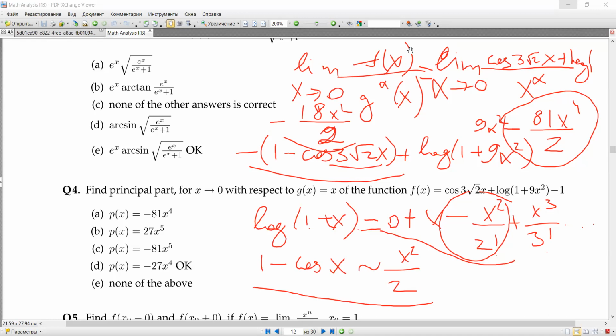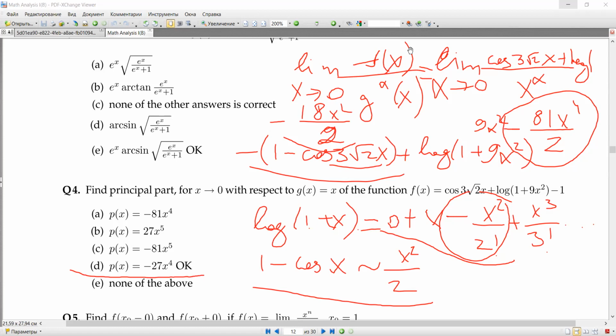I think there is some mistake in these coefficients. Maybe we have some mistake with coefficients when we expand the functions. Logarithm 1 plus 9x squared: it is x minus x squared over 2 factorial, x cubed over 3 factorial.